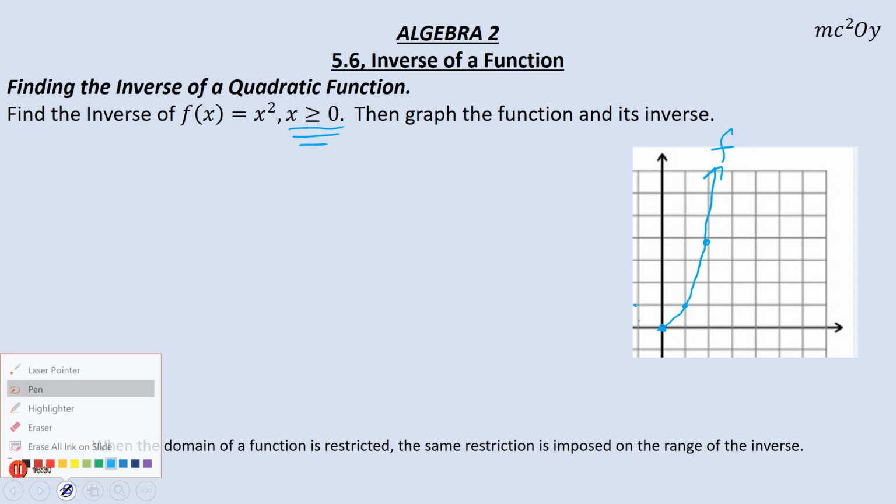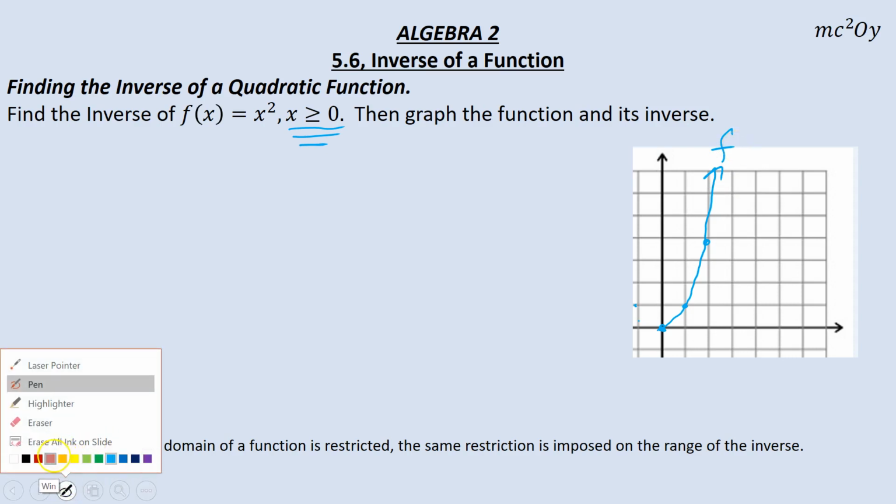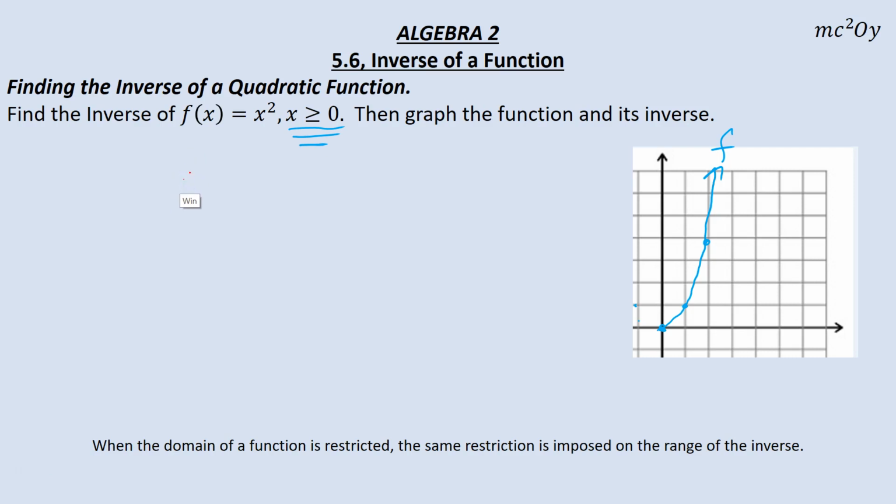Now the inverse of f, let's go ahead and find g. I'm going to rewrite it as y equals x squared. I'm going to take the square root of both sides. So I get the square root of y is equal to x, and notice it's plus or minus. Then I'm going to switch them. So plus or minus the square root of x is equal to g of x.